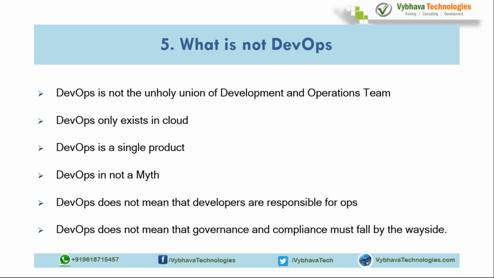So DevOps does not mean that there is no governance, that nobody is looking for the management, or nobody looks for the lead, or nobody is leading the team. That is not the thing. There are always different Scrum teams working on DevOps culture, and there is compliance.